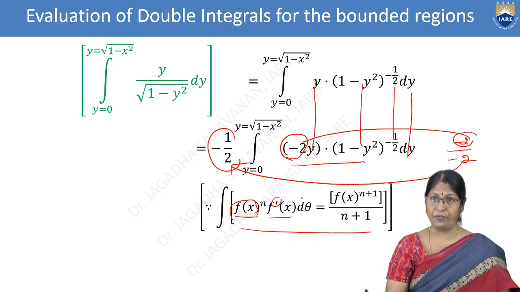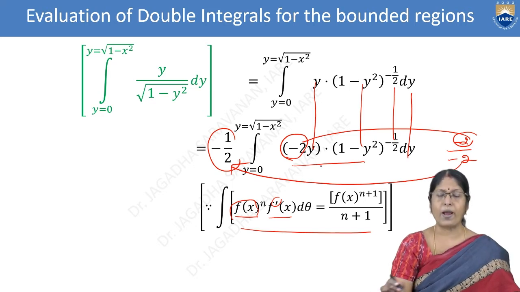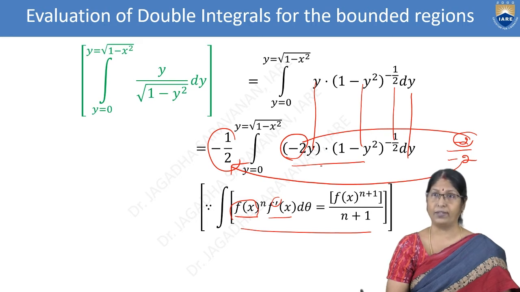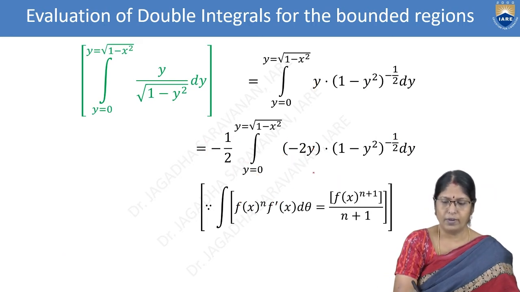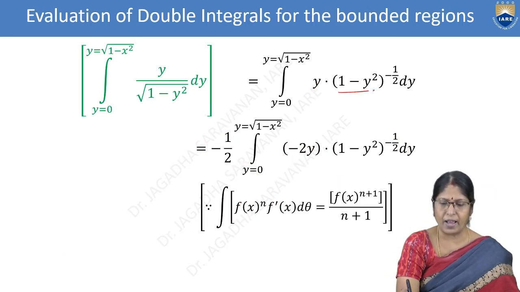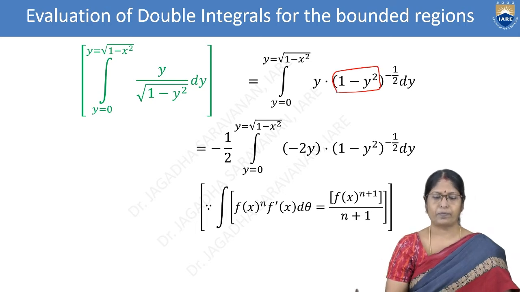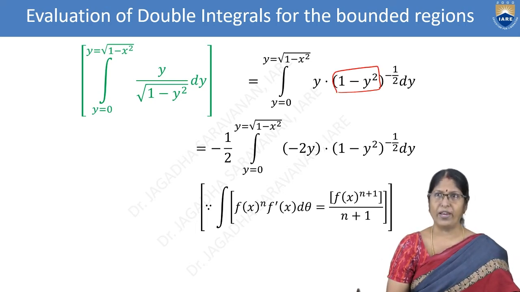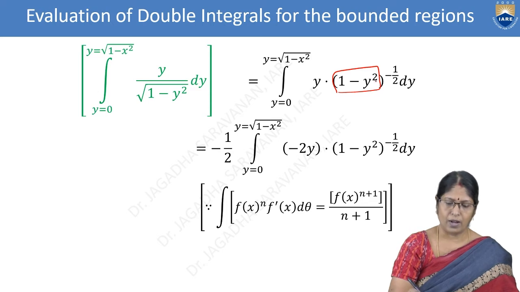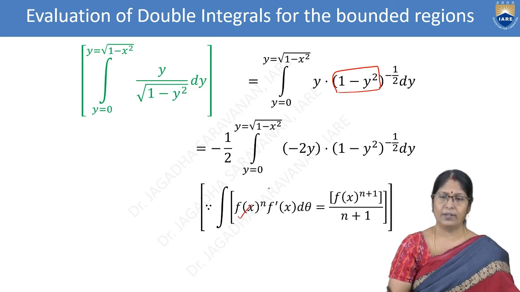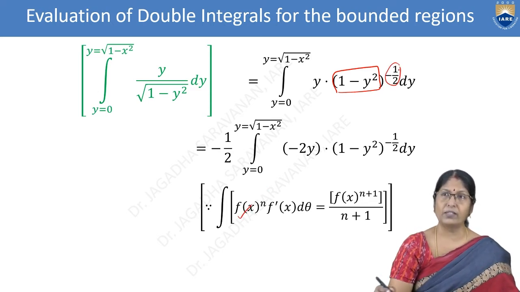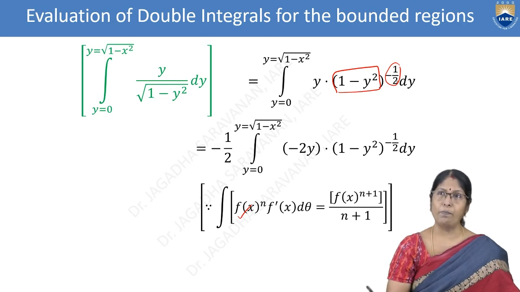If the integration is in this format, this part we take as f of x according to this formula, and this power minus 1 by 2 is taken as n.